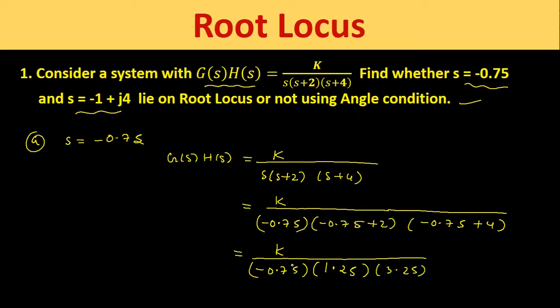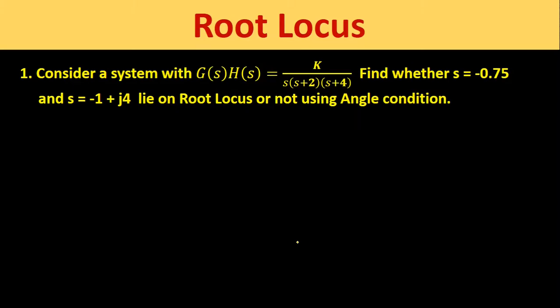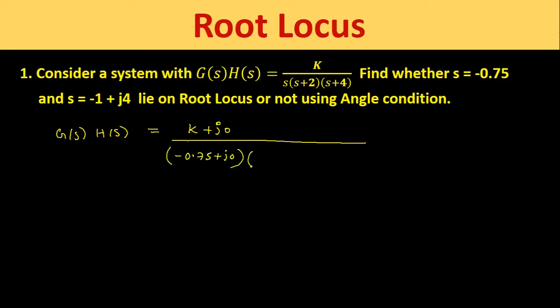Now we will represent this value in rectangular form. We will get G(s)H(s) equal to K + j0 divided by (-0.75 + j0) multiplied by (1.25 + j0) into (3.25 + j0).